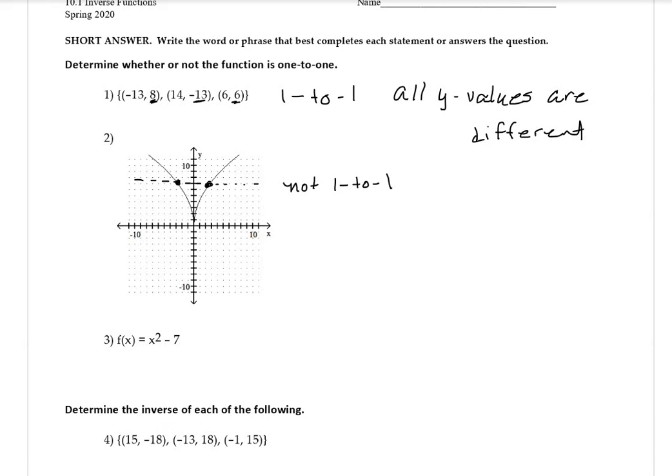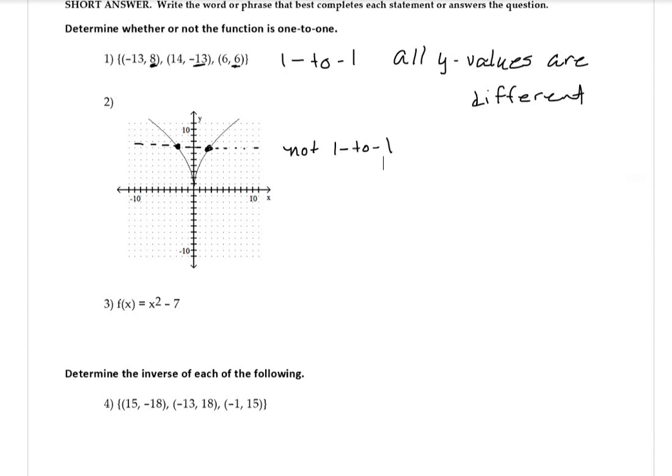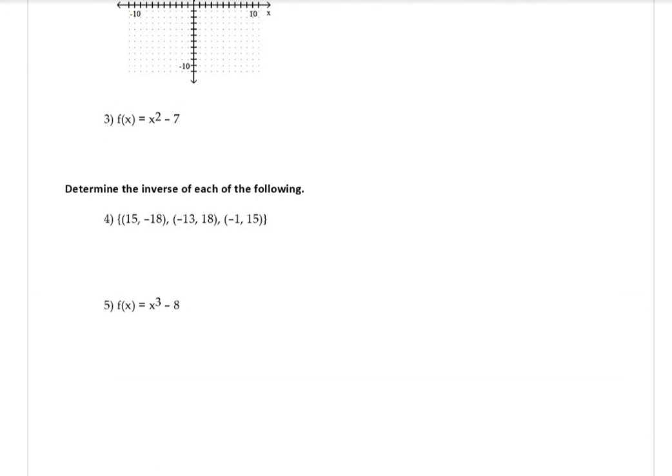In my third problem here, I am given an equation. And the way that I can determine if that is one-to-one is to graph it and then use the horizontal line test. Now, if you want to stick this into your graphing calculator, that's fine.